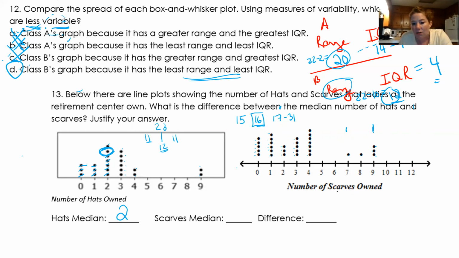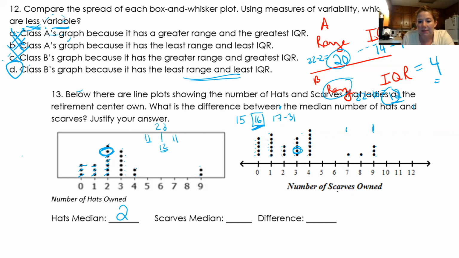So I could write all these out. I could write 0, 0, 0, 0, 0, 1, 1, 1, and find the 16th number. But the way I'm doing it is a little bit easier. 1, 2, 3, up to 16.